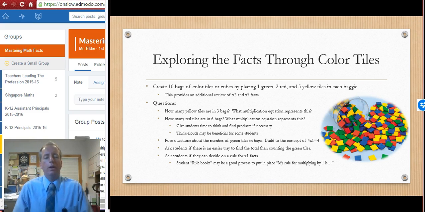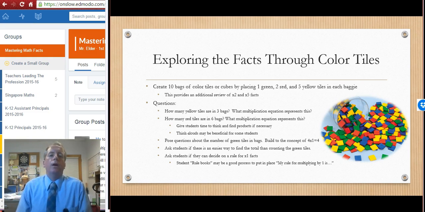Well, we're building to this concept that if I have 4 bags and there's 1 tile in each bag, that would be 4 groups of 1 gives me 4. This is one of those places where we'll talk later about how it's a little bit awkward to talk about groups of 1 because it's just 1.